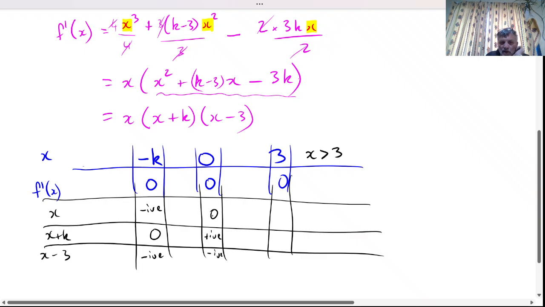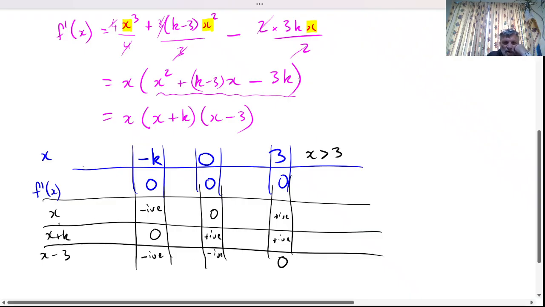But when you multiply them together, because you've got a 0, you get 0. If x is equal to 3, this is positive. 3 plus something positive is positive as well, and 3 minus 3 is 0. So multiply them together, you get 0. So you can fill out all of these values.